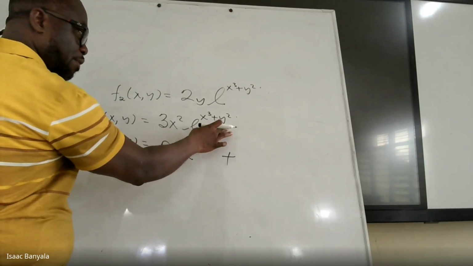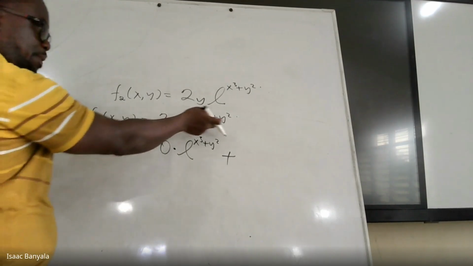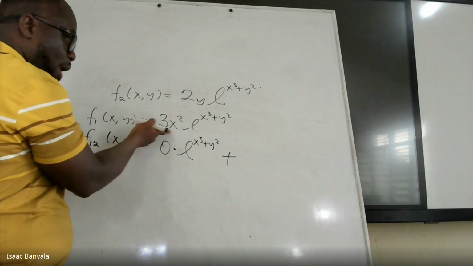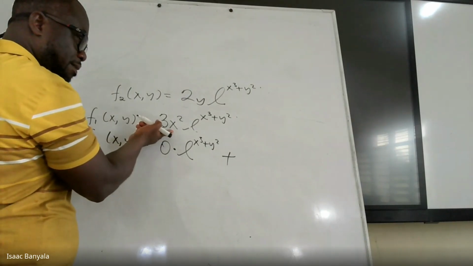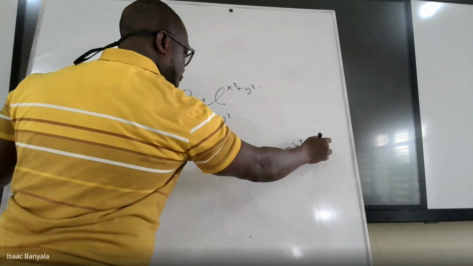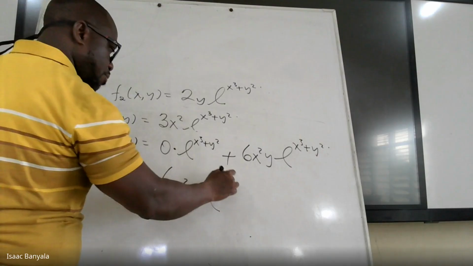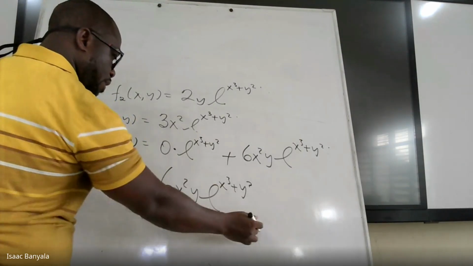If we differentiate this one with respect to y, you get 2y, and multiply whatever it is. The 2y will multiply this to get 6x squared y. Then multiply by e to the x cubed plus y squared. No, this will give us 0. So the answer is 6x squared y times e to the x cubed plus y squared. So this will be our answer.